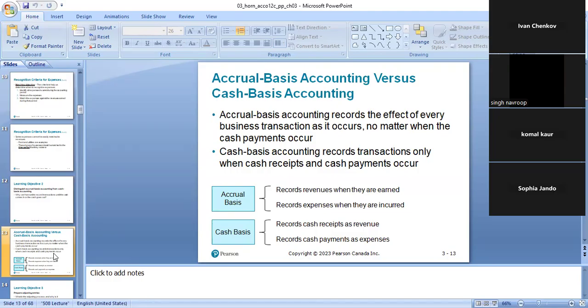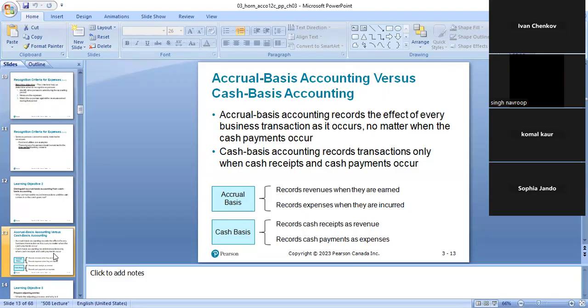That's why you saw the journal entry: we receive equipment, we haven't paid for the equipment yet. So in accrual accounting it means debit equipment, credit accounts payable. We provide the revenue, we haven't collected the cash: debit accounts receivable, credit revenue.